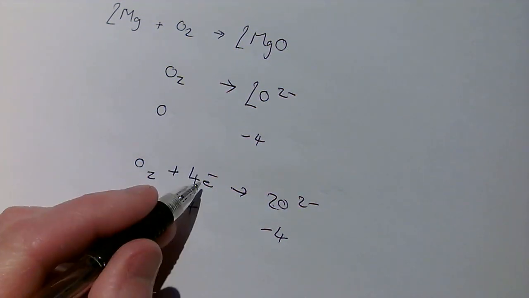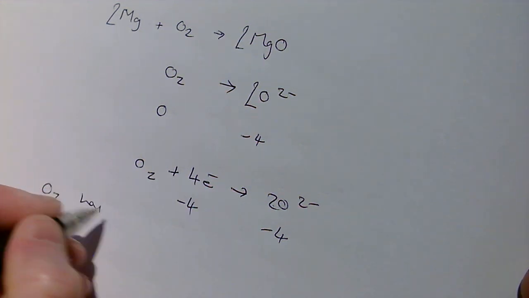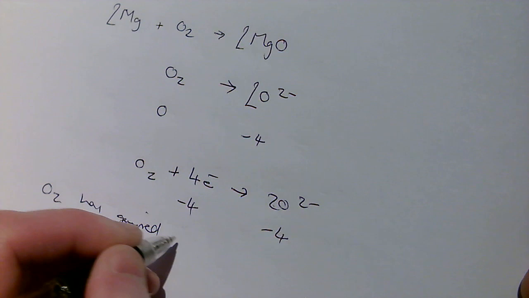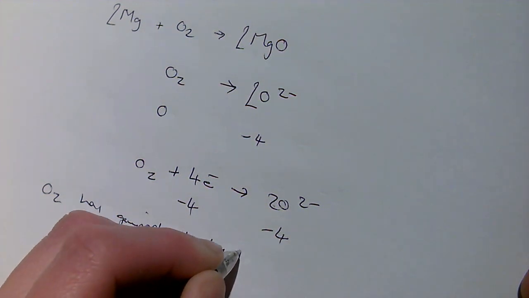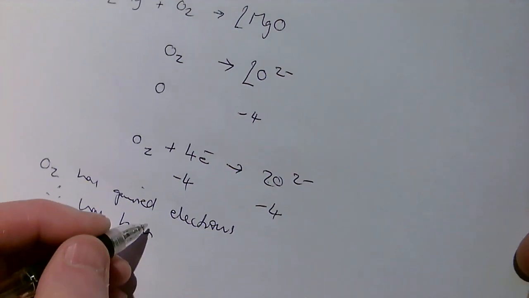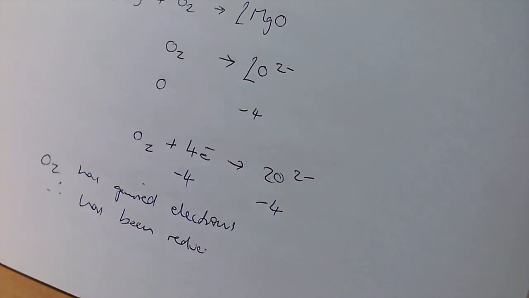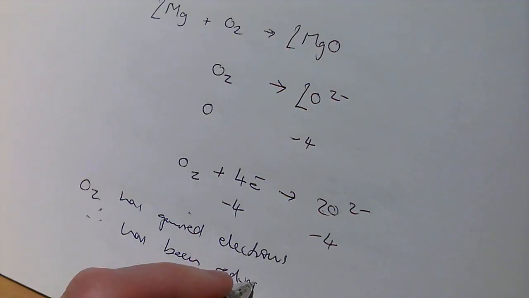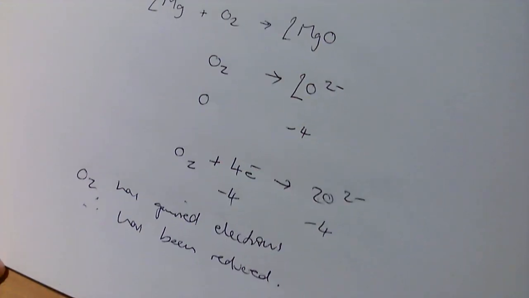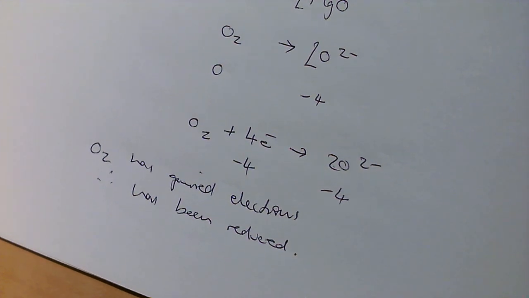The oxygen has gained electrons, so O2 has gained electrons, therefore has been reduced. So the O2 has gained electrons, therefore has been reduced.